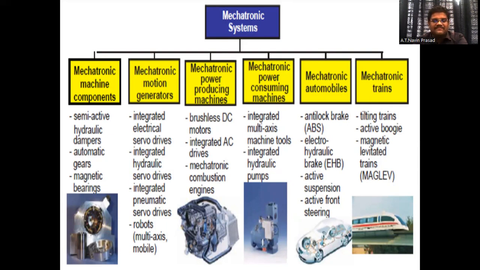Most cars and vehicles have mechatronic combustion engines. Mechatronic power consuming machines include machine tools, integrated hydraulic pumps, and integrated multi-axis systems. Mechatronic automobiles have anti-lock braking, electro-hydraulic brakes, active suspension, and active front steering. Mechatronic trains include tilting trains, active bogies, and magnetic trains.